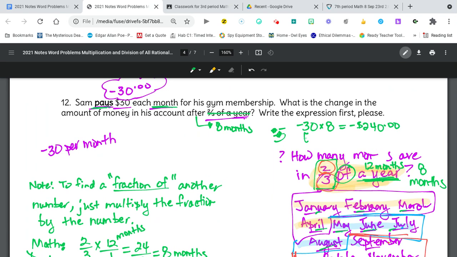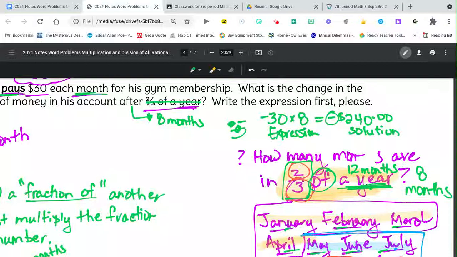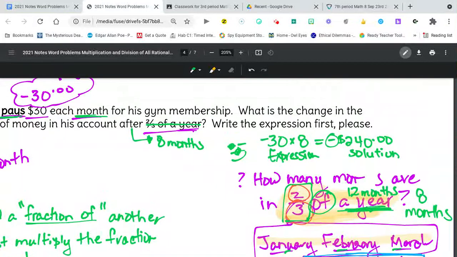This is the expression that I need you to write. And this is the solution. That's how much the change in his account is going to be. In other words, if I didn't use the sign negative on this, I would have to say it decreases his account by $240 in 2/3 of a year. Okay?